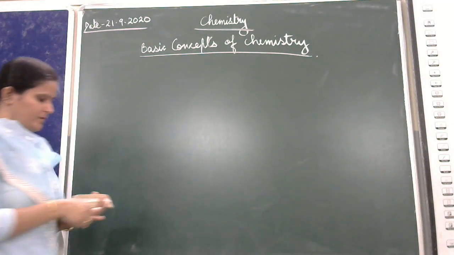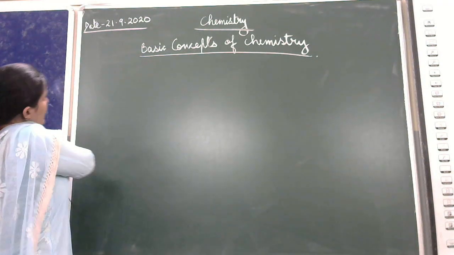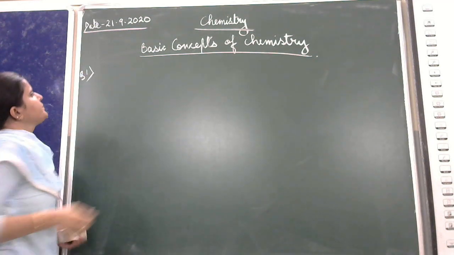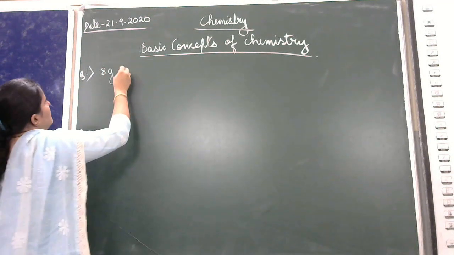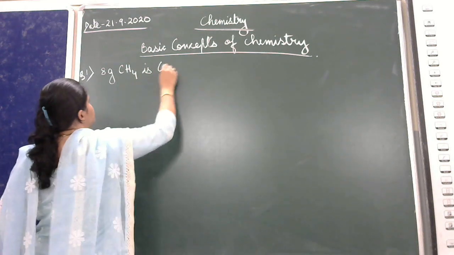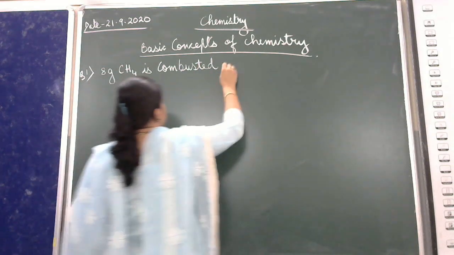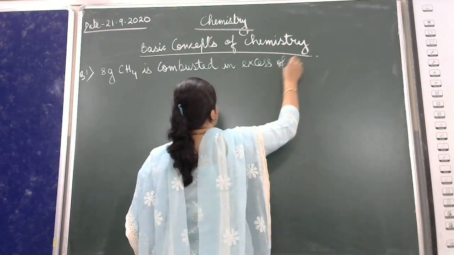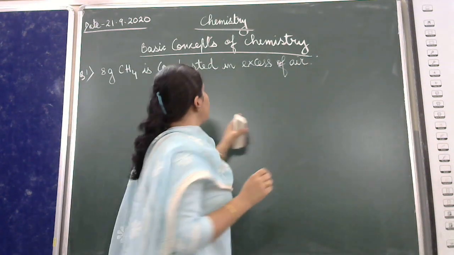So see, this is question 1. Suppose the question says 8 gram of methane is combusted in excess of air.